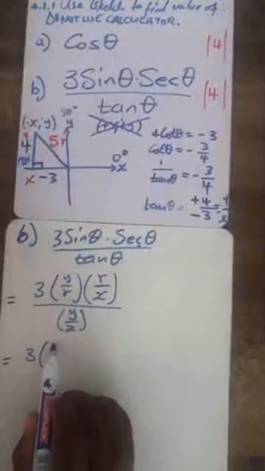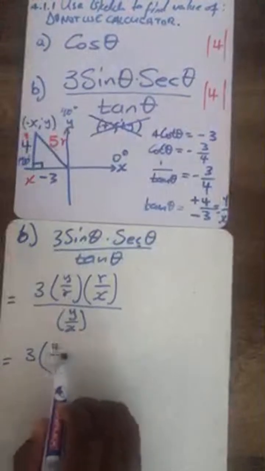Your y is 4, your r you calculated to be 5, and your x is negative 3. Then at the bottom, your y is 4 and your x is 3. So that cancels with that, and that cancels with that. At the top you have a negative 4, divided by the whole of that being 4 over 3.